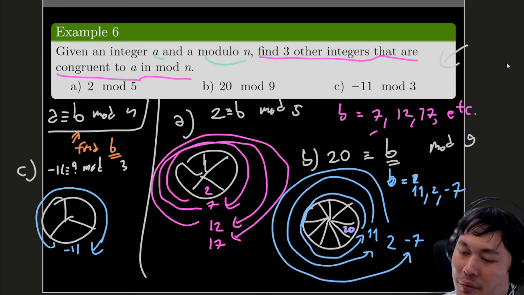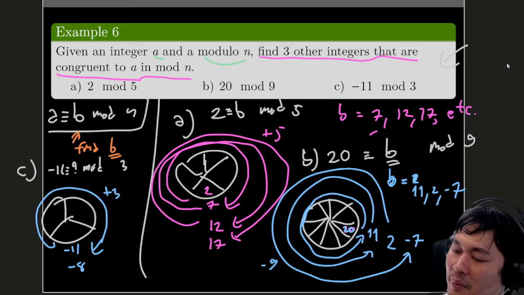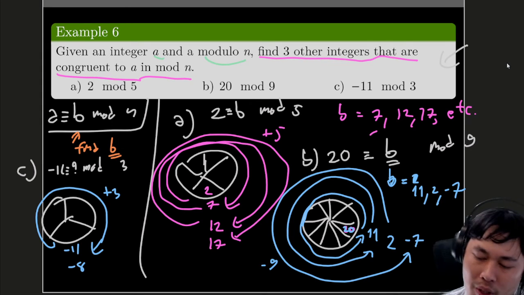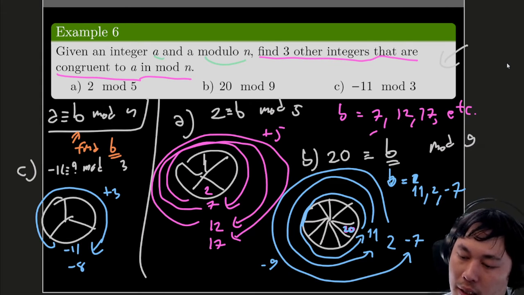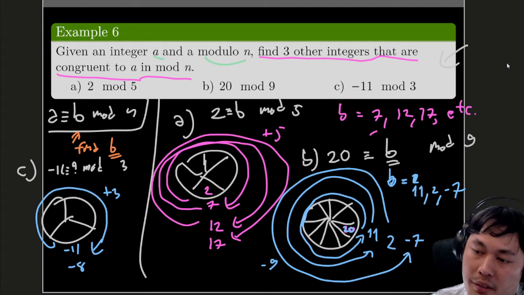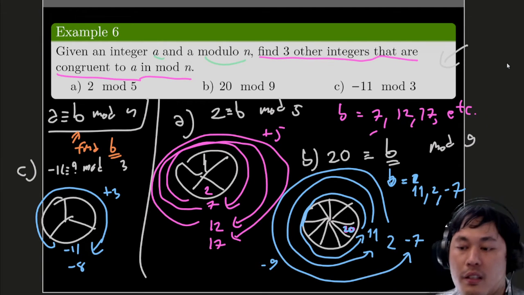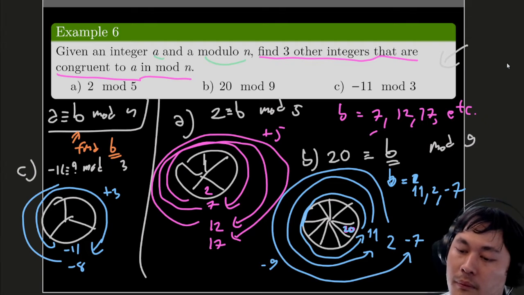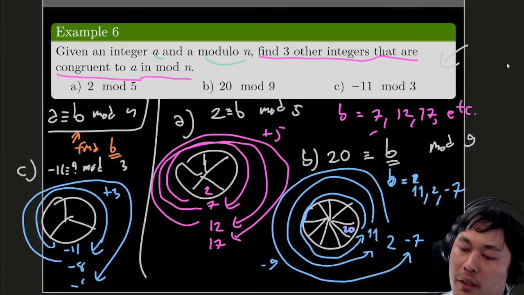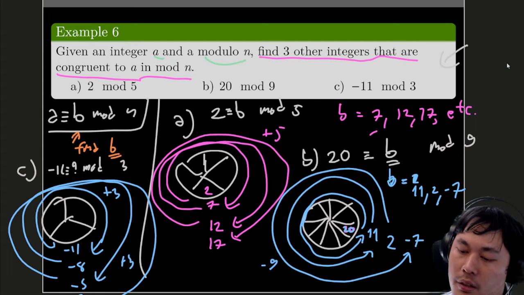One full round, you add 3. Minus 11 plus 3 is minus 8. Go another round, you get minus 5. Go another round, you get minus 2.